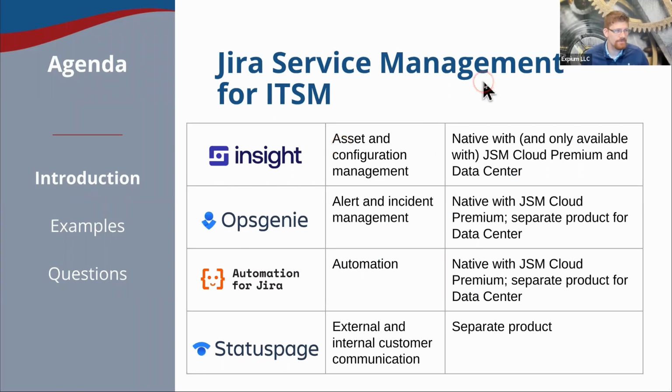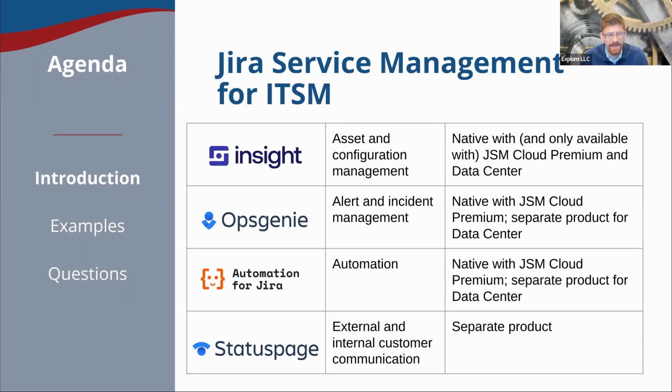So when you do ITSM, IT Service Management, with Jira Service Management, you're actually using a bunch of different products in addition to Jira Service Management. One of those products that we're going to see today is Insight, which is for asset and configuration management. Insight is an additional relational database available in Jira Service Management.